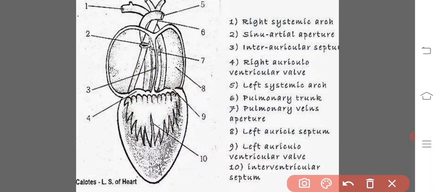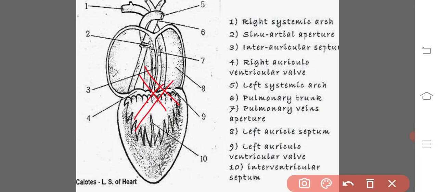As in the case of fishes, the truncus arteriosus is absent. Here there is no truncus arteriosus. The two systemic arches and a single pulmonary arch arise directly from the ventricle. The systemic arches arise independently from the cavum dorsale of the ventricle. So here this is the dorsal side, cavum dorsale, and the pulmonary arch arises ventrally from the cavum pulmonale of the ventricle.